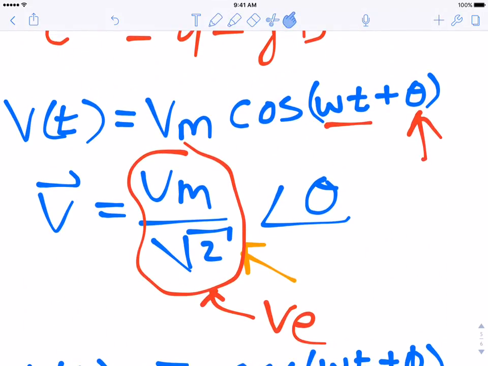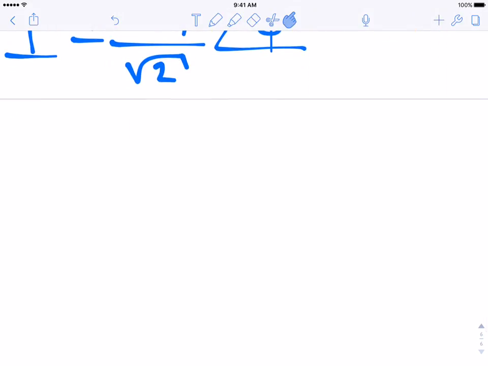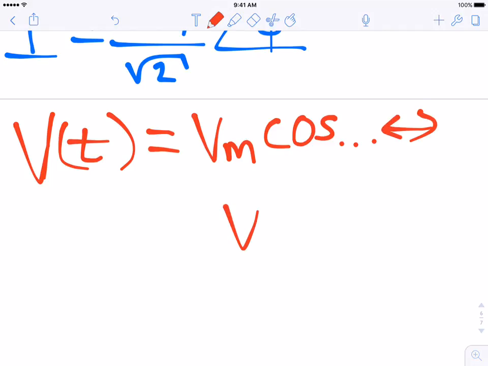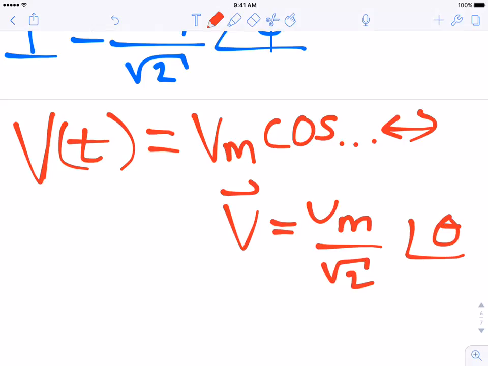One thing I do for my equation sheets is the way I write it is this. I do V of t is equal to Vm cosine, right? And then I have the arrow, then I got V is equal to Vm over root 2 angle theta, right?